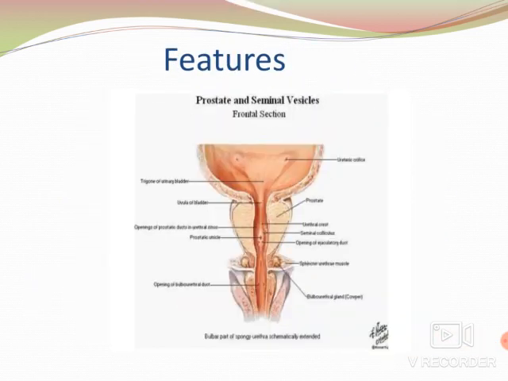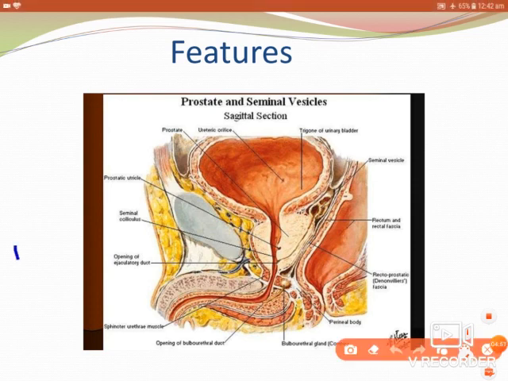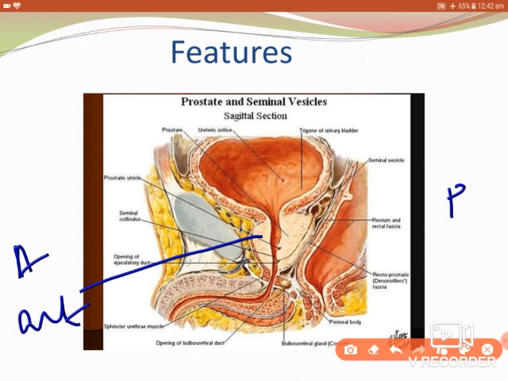Then coming back to the first figure, this is the anterior, this is the posterior. This is the anterior lobe. Here you can see the ejaculatory duct opens into the prostatic urethra. There is a diverticulum of the prostatic urethra called the prostatic utricle.